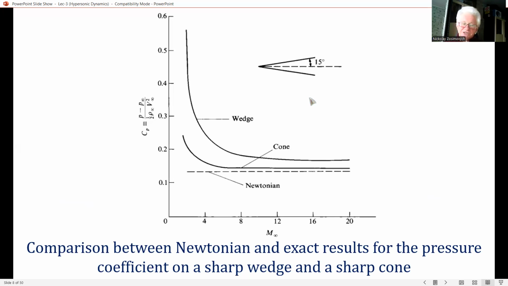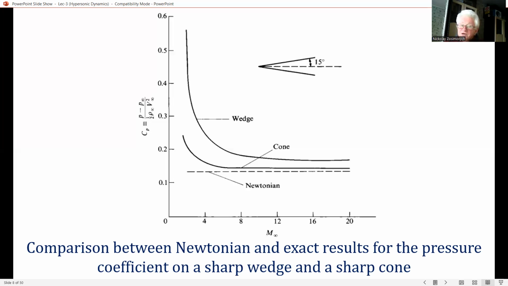The exact wedge results are obtained from oblique shock theory. And the exact cone results are obtained from the solution of the classical Taylor-Maccoll equation. This you may find in many different publications. I mention this for someone who is really interested in problems of modern hypersonic aerodynamics.